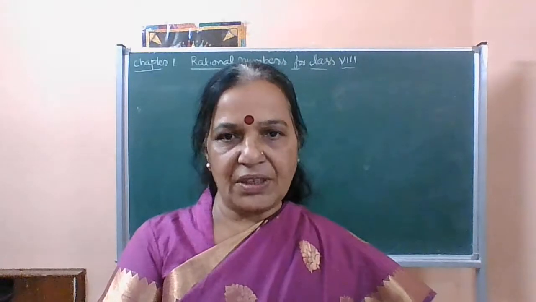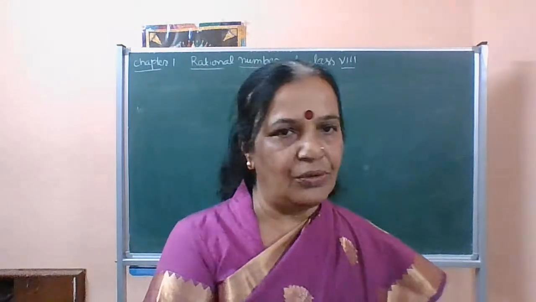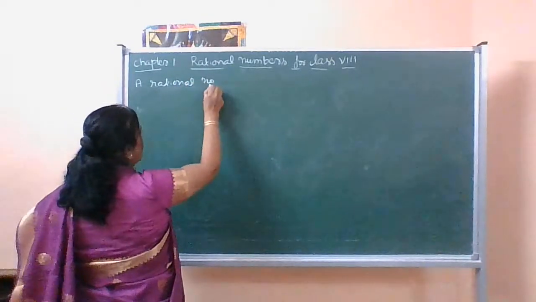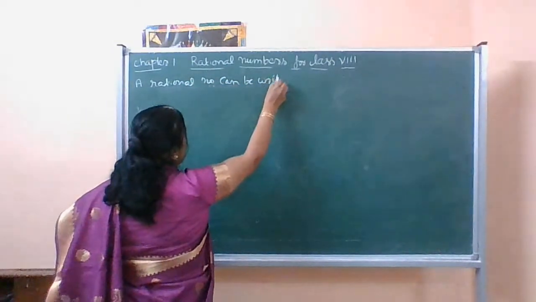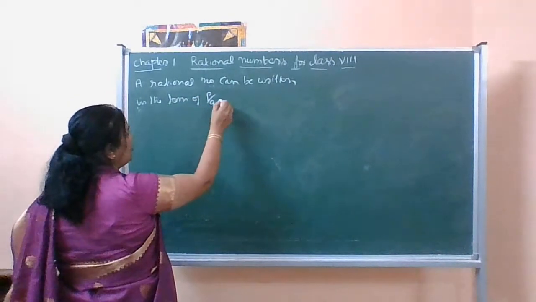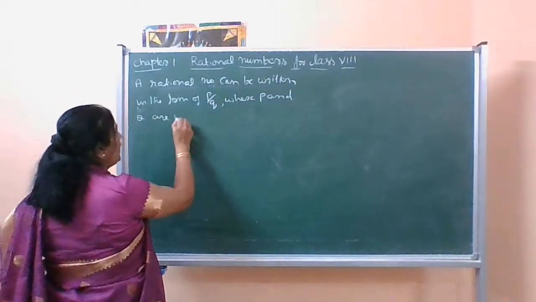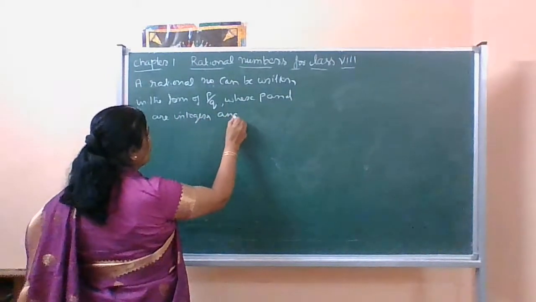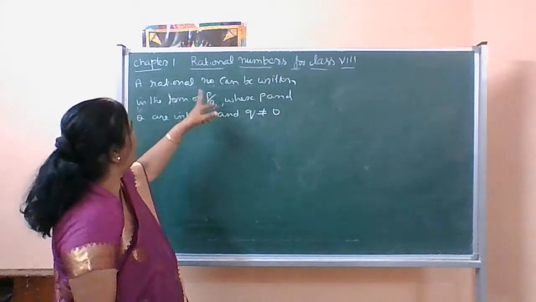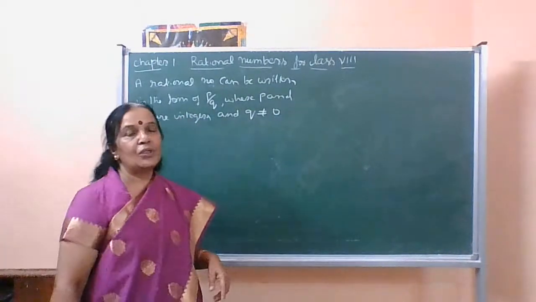Already you have learned in 7th standard that a rational number is one which can be written in the form of P by Q, where P and Q are integers and Q not equal to 0.